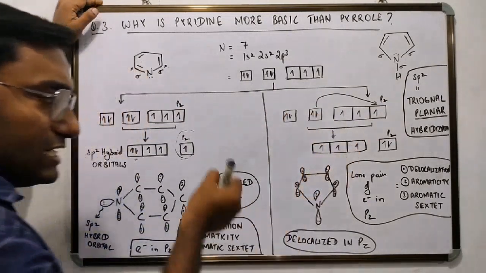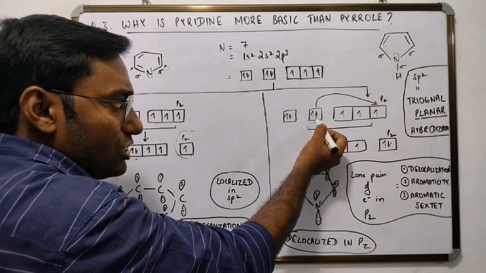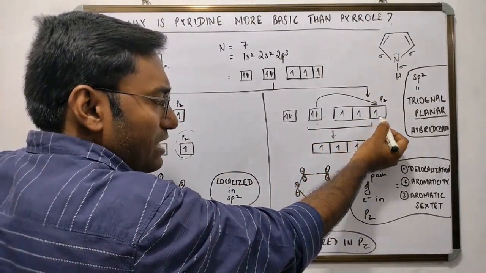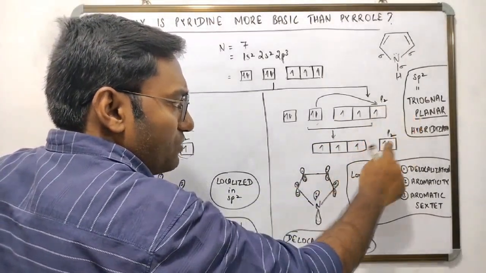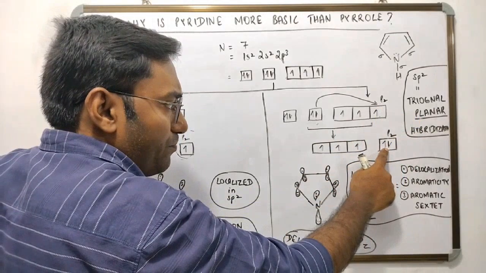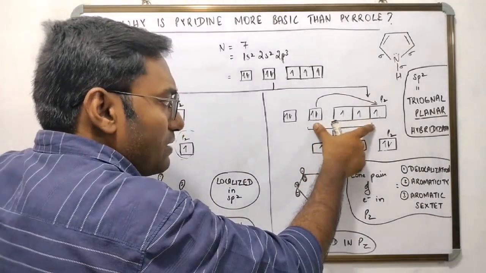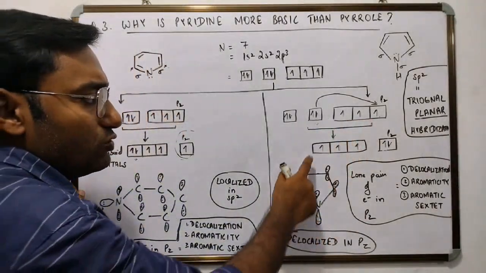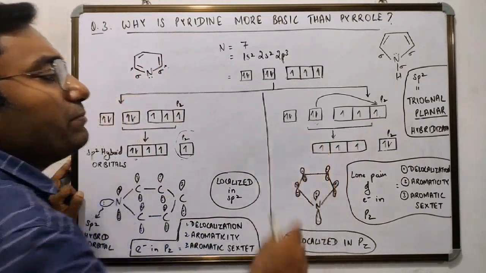Before hybridization takes place, the electron in the 2s orbital jumps to the pz orbital such that the pz orbital consists of the lone pair of electrons. It is now that the 2s and 2p orbitals mix and merge with each other to form 3 new sp2 hybrid orbitals.